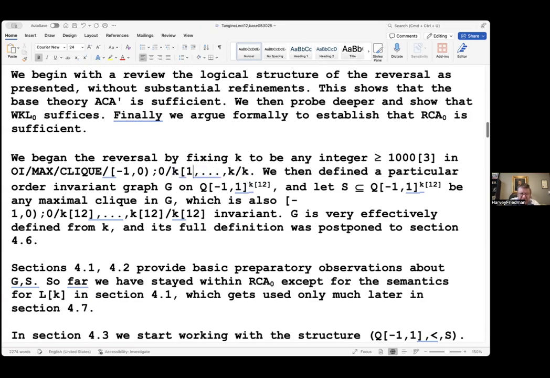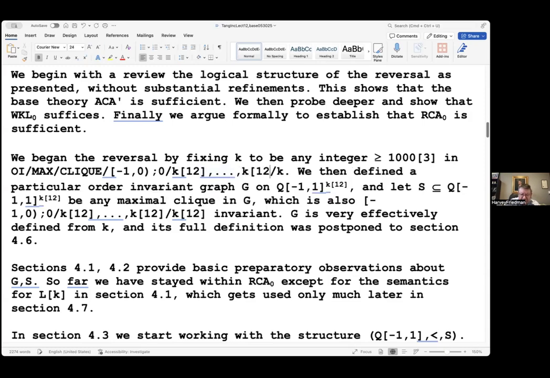I'm just trying to be accurate about what I'm talking about. So a matter of English here. Okay, we then define an order invariant graph on here, and we let S be any maximal clique in G, which is also invariant. And G is very effectively obtained for K, so its full definition was postponed to section 4.6.